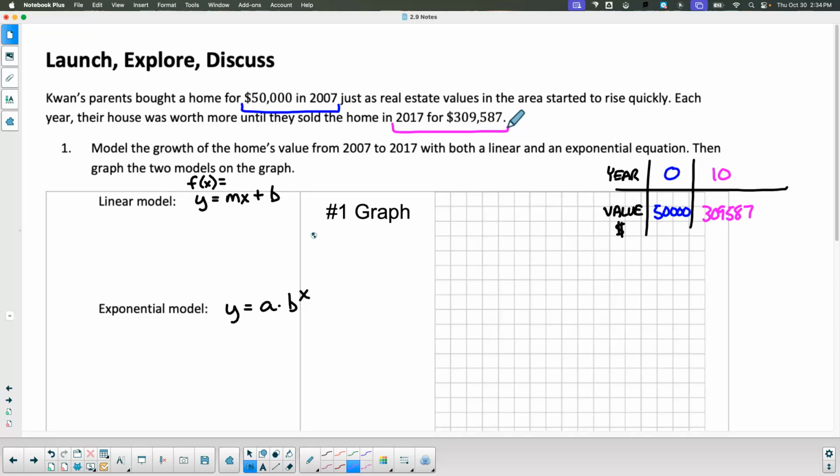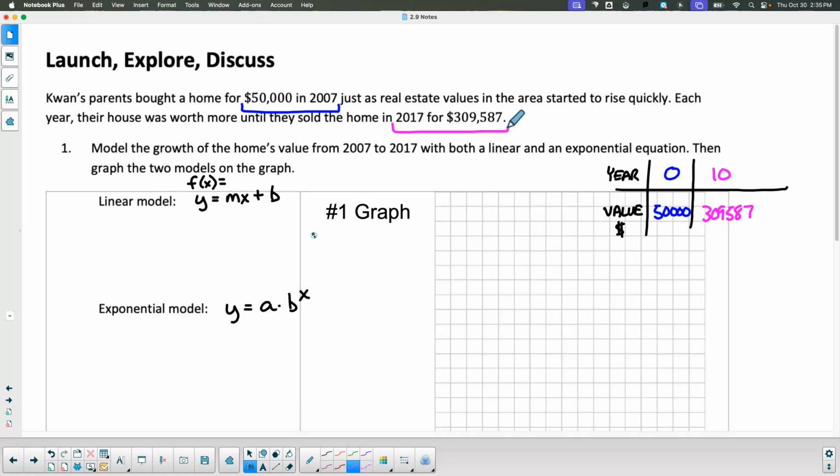So what do I need in order for me to make y equals mx plus b? I need the slope. How am I going to find the slope given 2 points now in a table? So it's changing y's over changing x's.